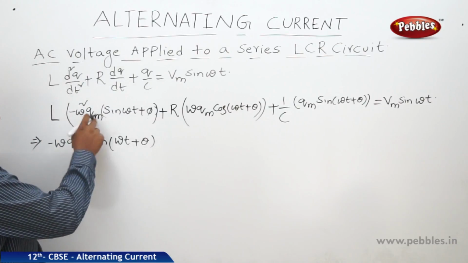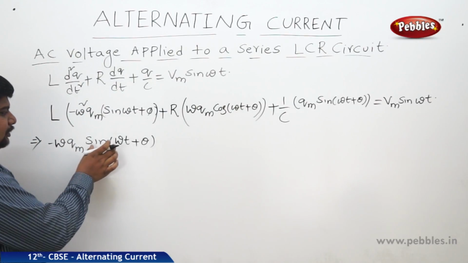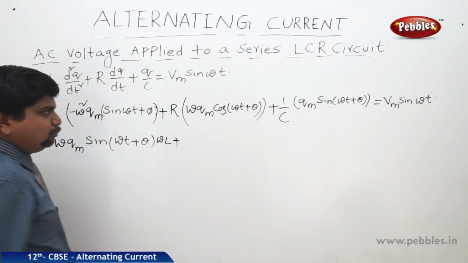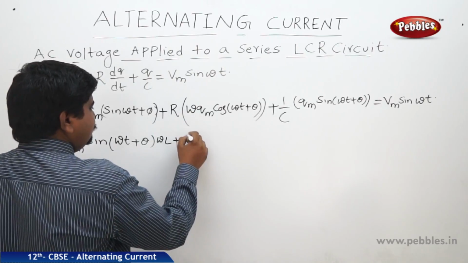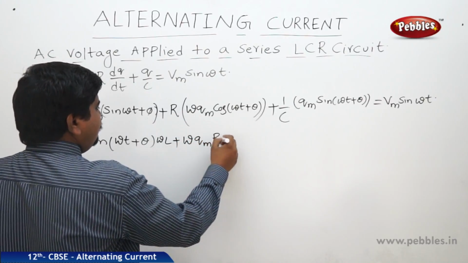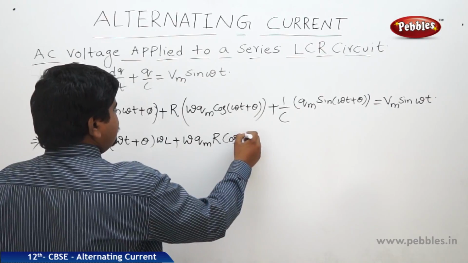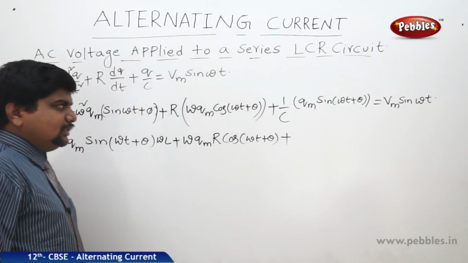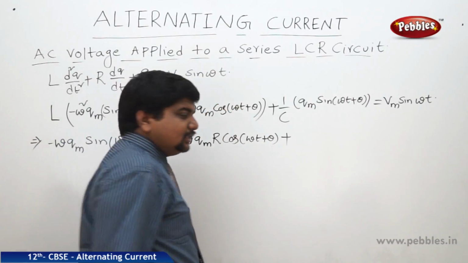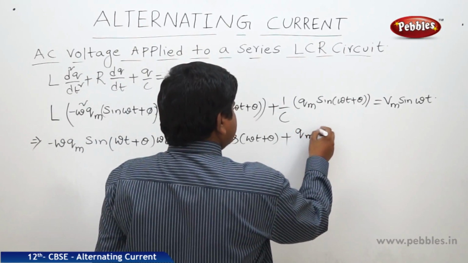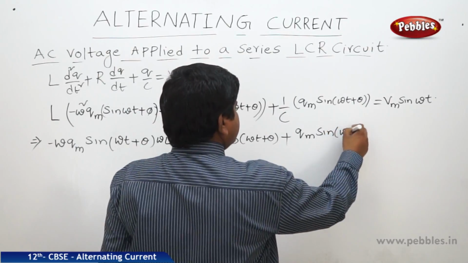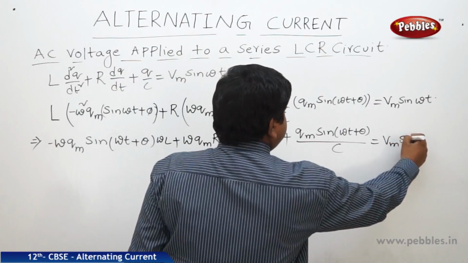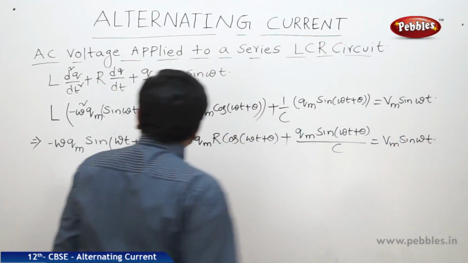I took minus omega square qm as minus omega qm sin(omega t plus theta) into omega L, plus this one, omega qm into R cos(omega t plus theta), plus qm sin(omega t plus theta) by C is equal to Vm sin omega t.